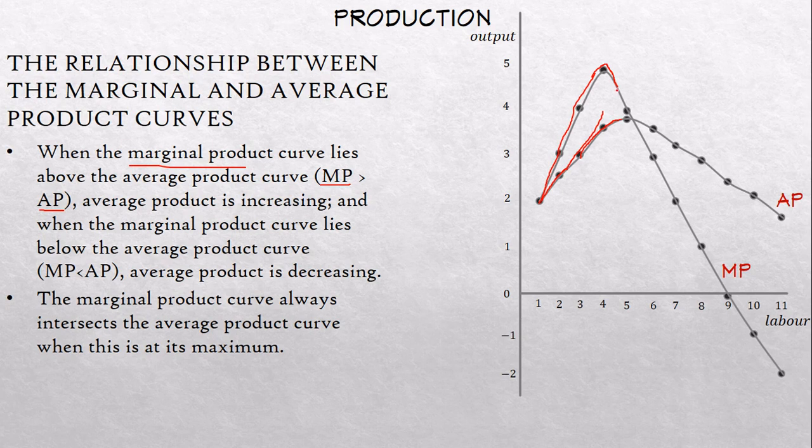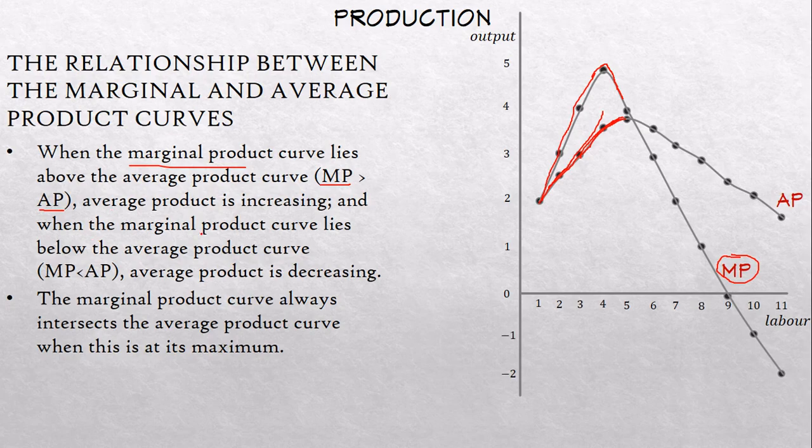Despite the fact that now the MP over here is dropping down, the AP is still increasing. So you note the difference. As far as the MP lies above the AP, the AP will keep on increasing. Okay, so that is the first thing you need to note.